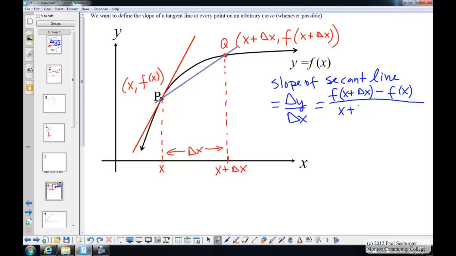Yeah, it would be delta x because it's x plus delta x minus x, which simplifies to delta x, which makes sense, right? Change in y over change in x. Okay, so this ends up being an expression for the slope of the secant line that we can think about. But you can see right now we didn't do a very good job of approximating. So how can we improve this approximation?